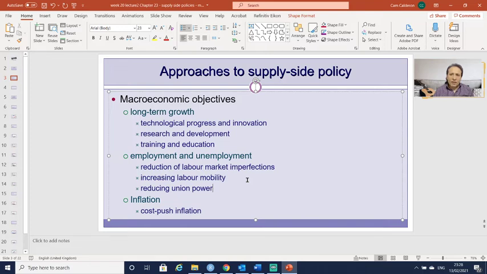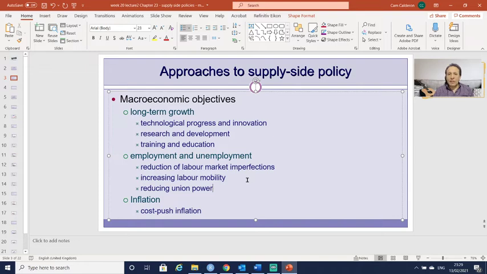In times of inflation, supply side policies might or might not affect cost-push inflation. Cost-push inflation is the inflation that comes from the costs, from the supply side.